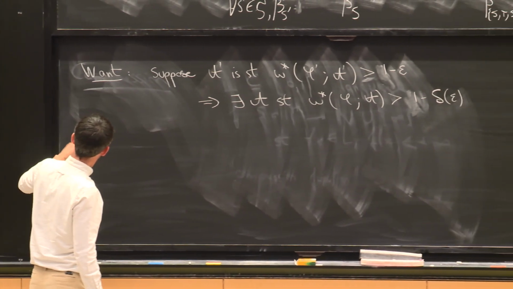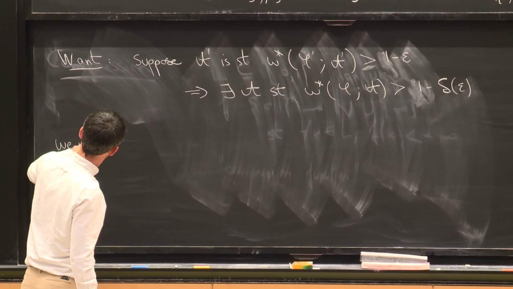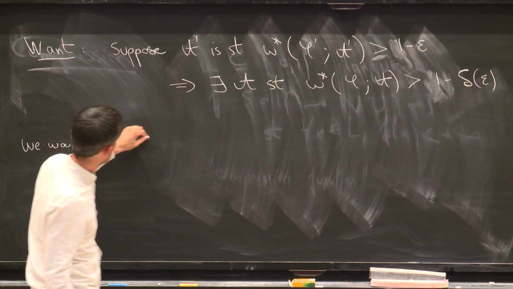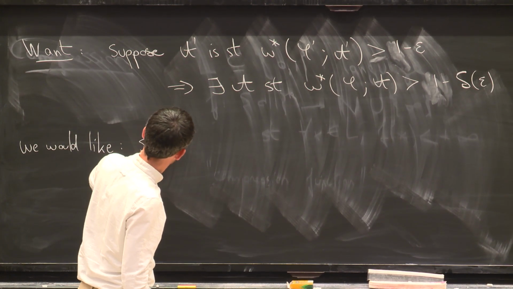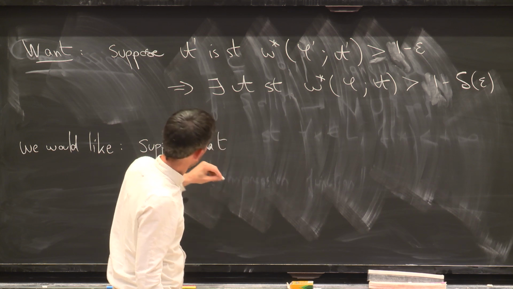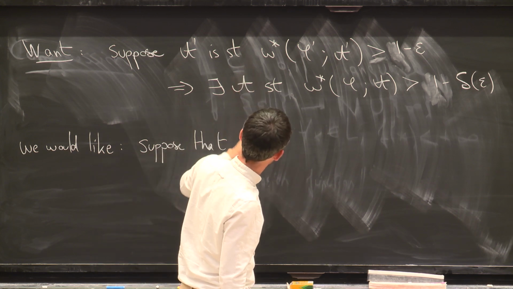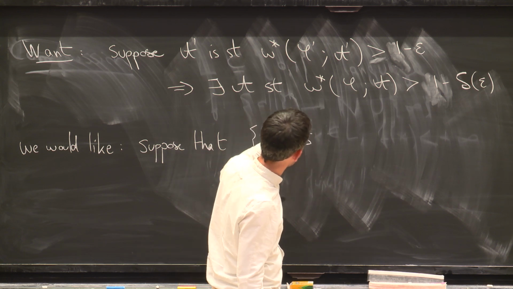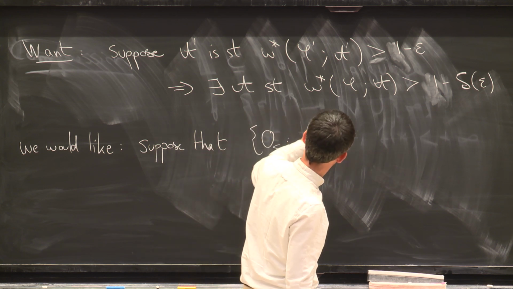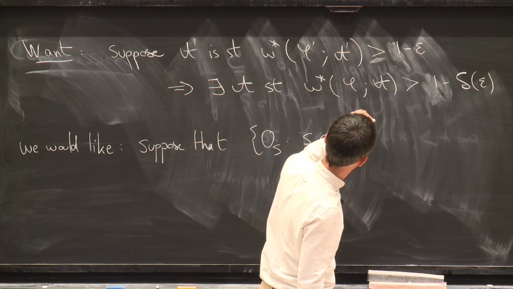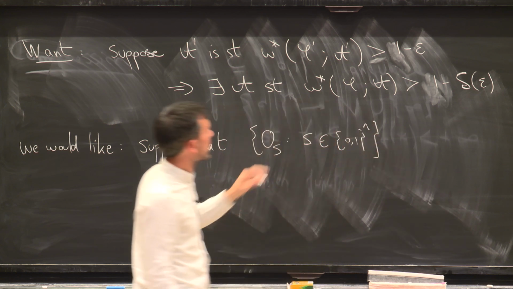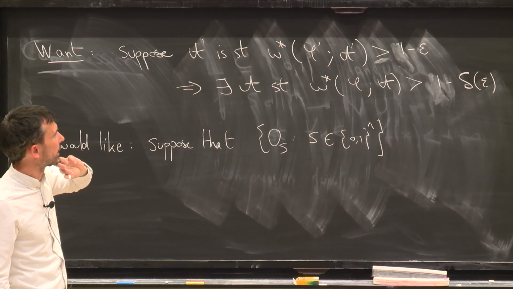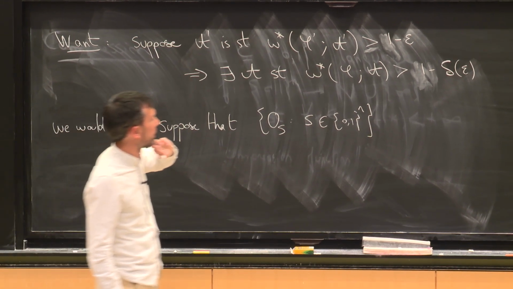In order to show that, it's sufficient to have the following. Suppose that this A prime is just specified by a collection of observables O_S, where S ranges over all elements of {0,1}^n. Suppose that this satisfies my constraints, and I'll focus on the linearity constraints that I added. What does it mean to satisfy the linearity constraints?